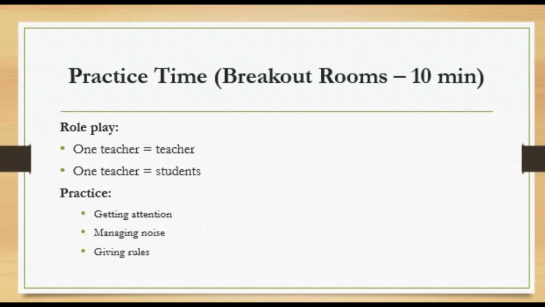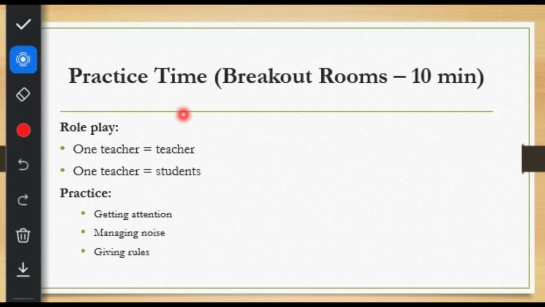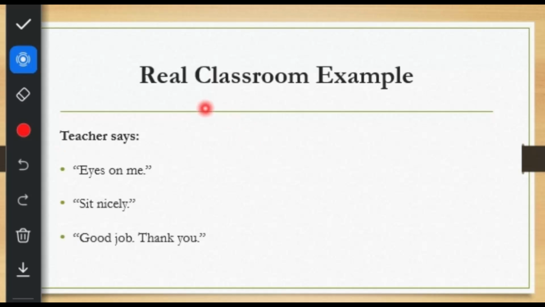Okay, so let me start sharing my screen a bit. We just finished practicing by doing a role play. So this is a real classroom example. Teachers can say, eyes on me, and then sit nicely. Good job, thank you.